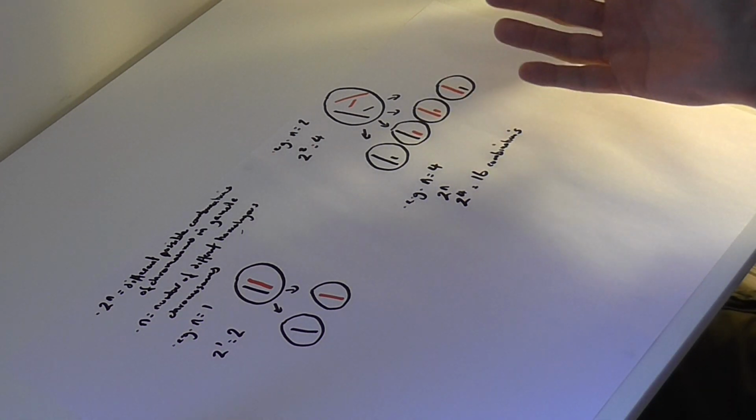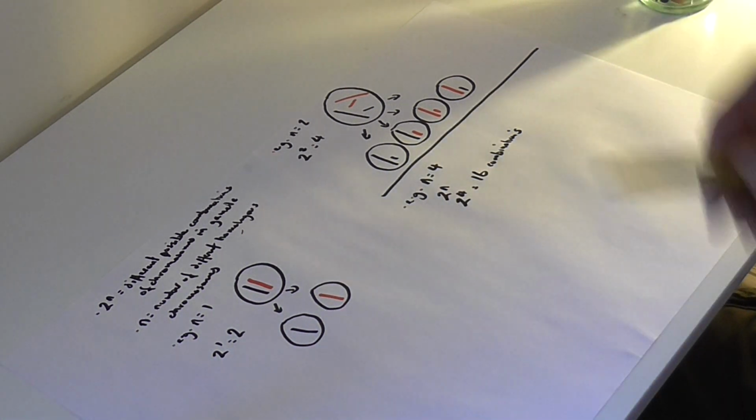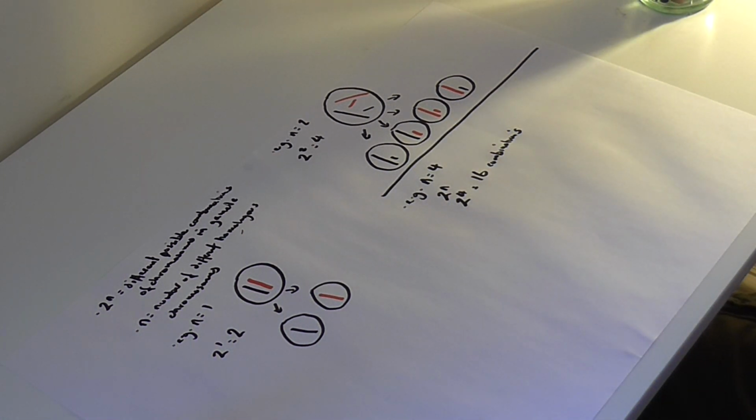And this then allows us to look at those different possible chromosome combinations. Again, I'll say it again, this is based purely upon independent segregation, and it's not including the effects of crossing over.